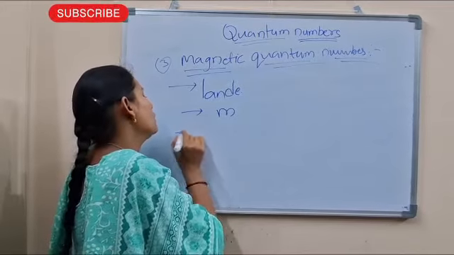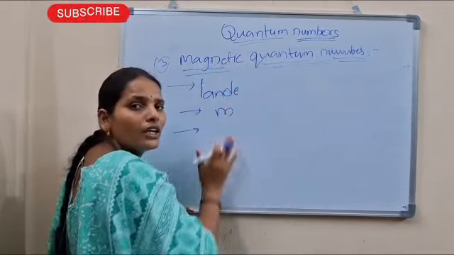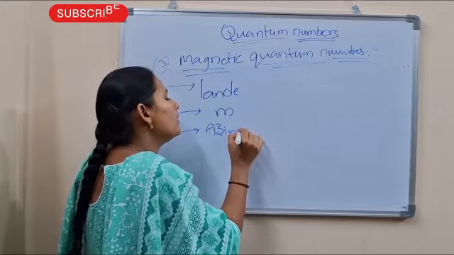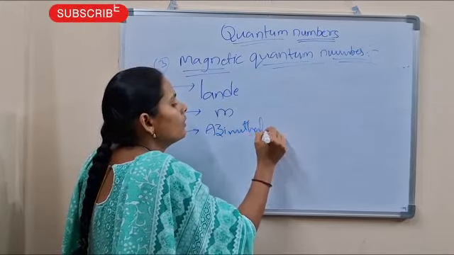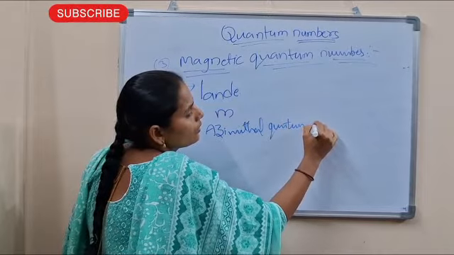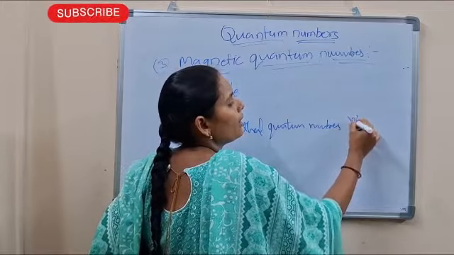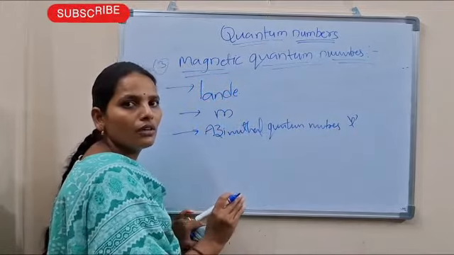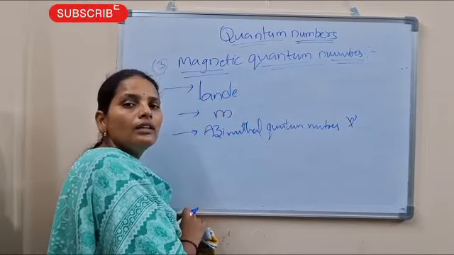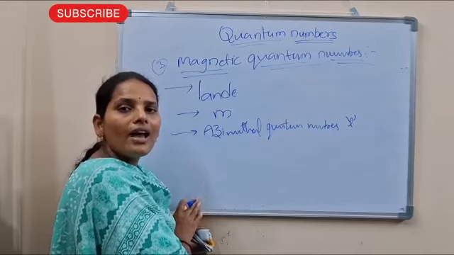This magnetic quantum number depends on the azimuthal quantum number, which is nothing but l. Here you are observing one thing: l values depend upon n values, and m values depend upon l values.